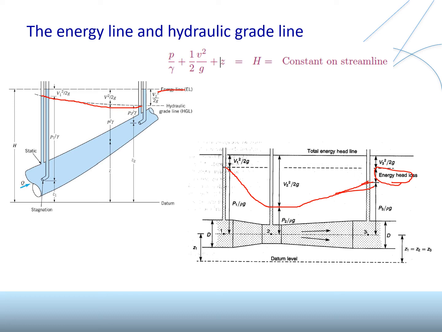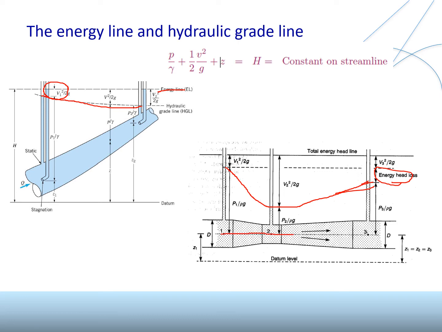Next, the hydraulic grade line will not be horizontal if the fluid velocity changes along the streamline, because when the velocity changes, then the pressure head has to change. For example, here the elevation remains the same.